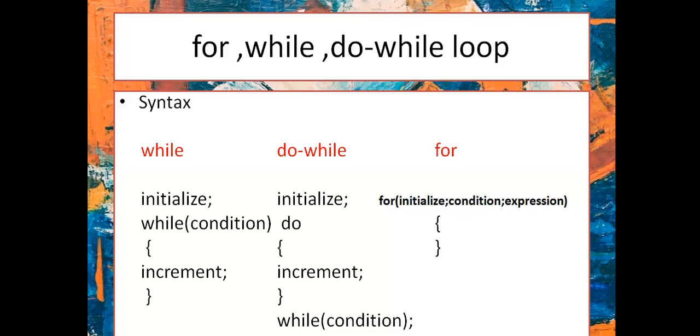The first thing is the initializing of the variable. I can initialize a value to the variable declared. I can check for the condition, till what condition the loop is to be incremented or executed. Now with while, it first checks the condition and then executes the statement, whereas with do while I can initialize the value, then the statement is executed and then the condition is checked.